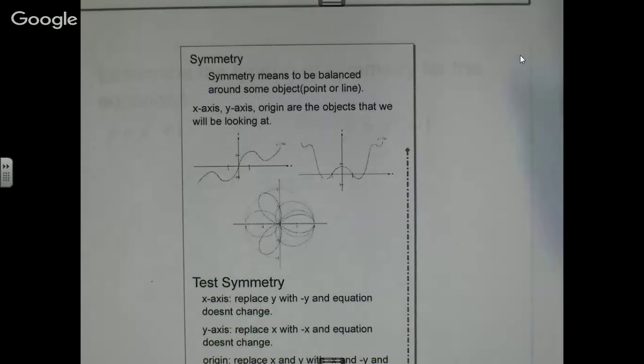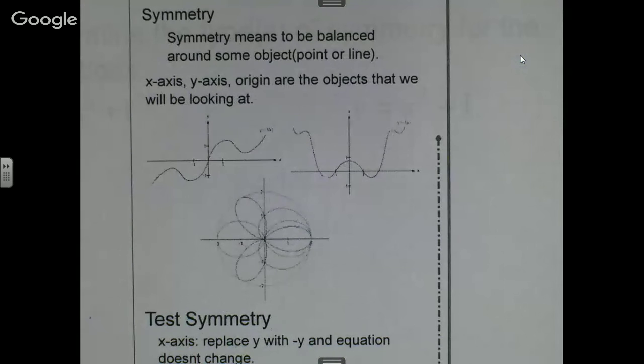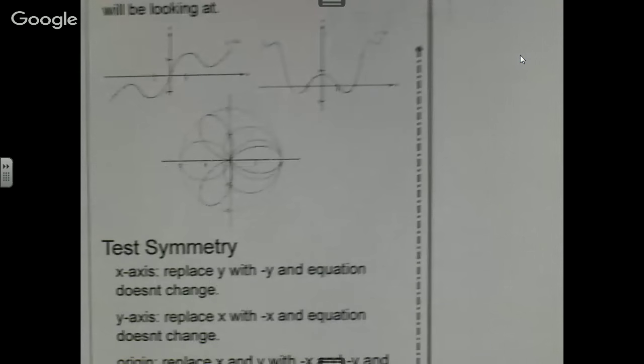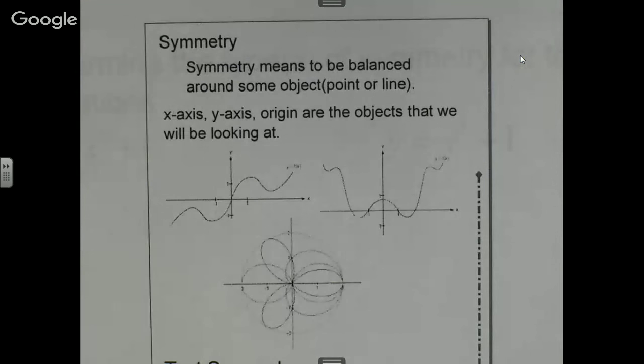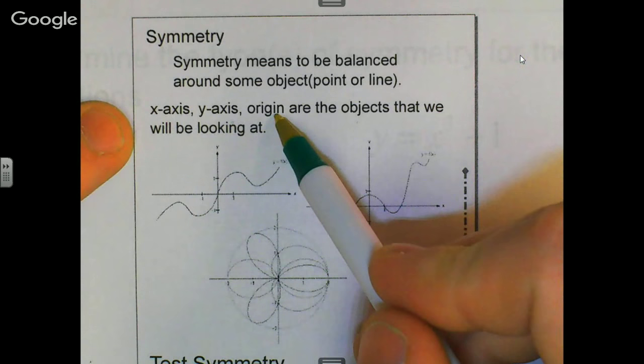So symmetry. Symmetry means to be balanced around some object, a point or a line is what we're going to look at. So we have the x-axis, y-axis, and origin symmetry that we're going to look at.